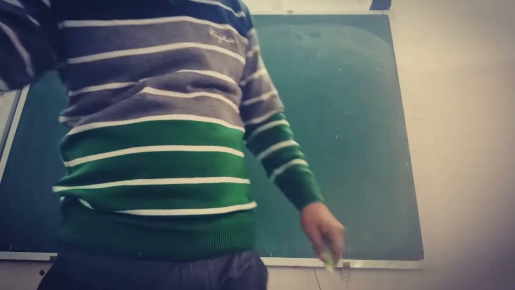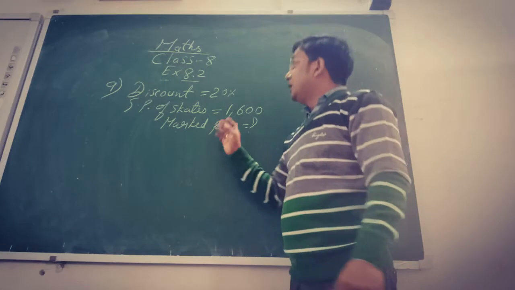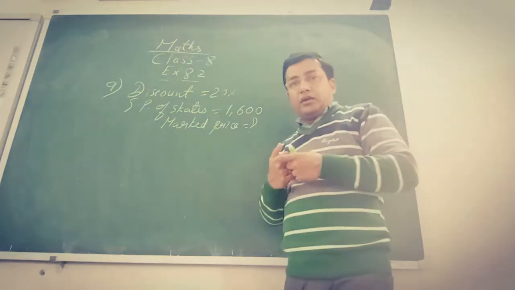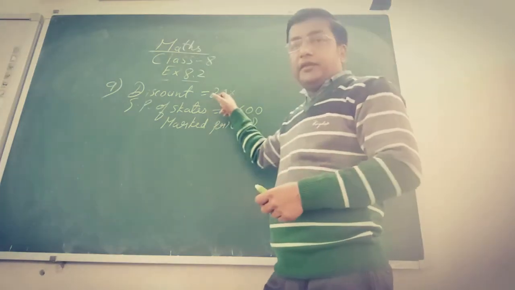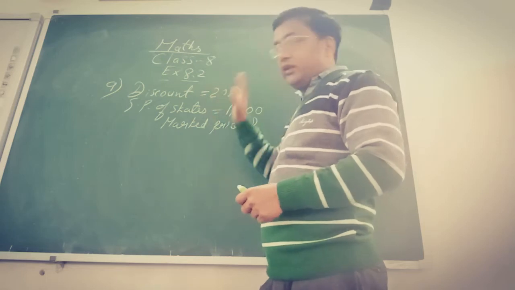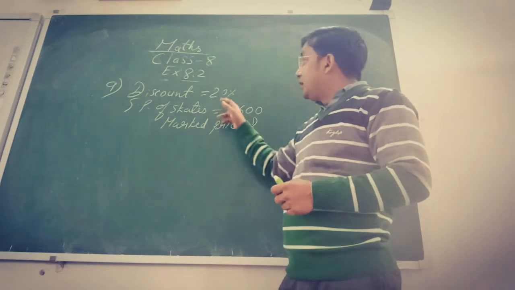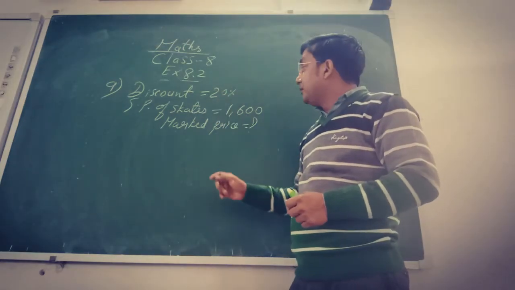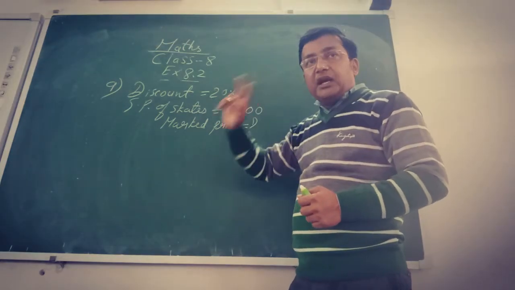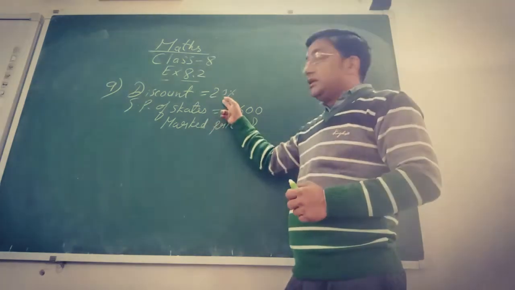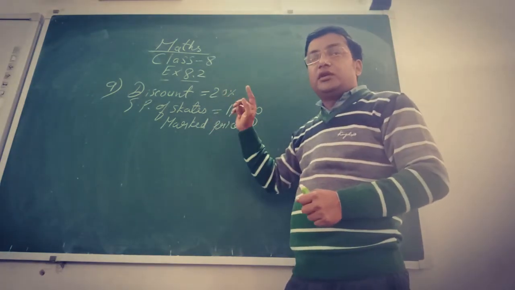Let me explain this question first of all. Suppose when you go to a mall and there is a discount of 20% on any clothes. Suppose there is 20% on a pant. So when you pay the amount, that 20% is actually reduced.